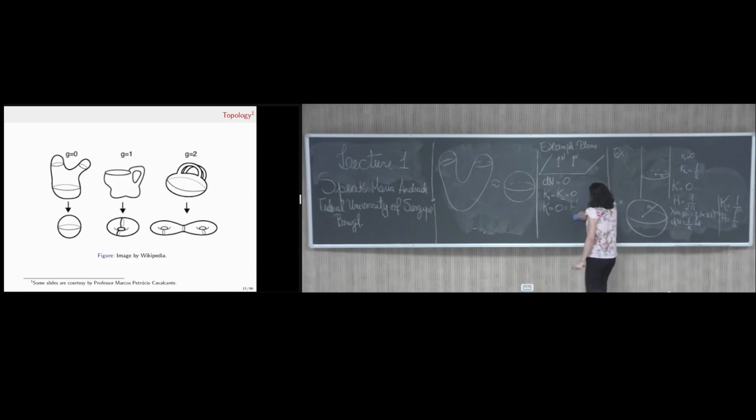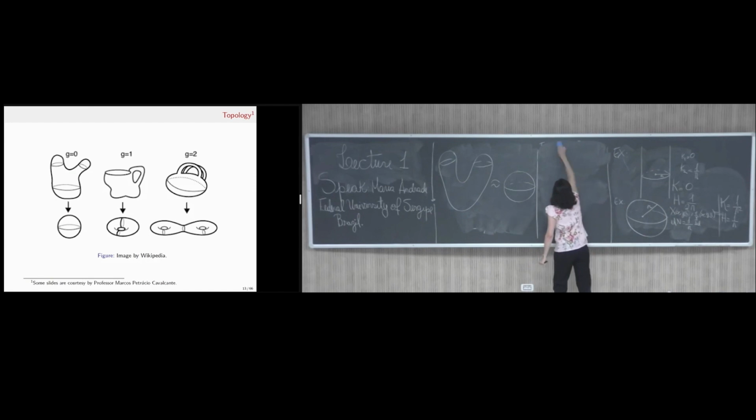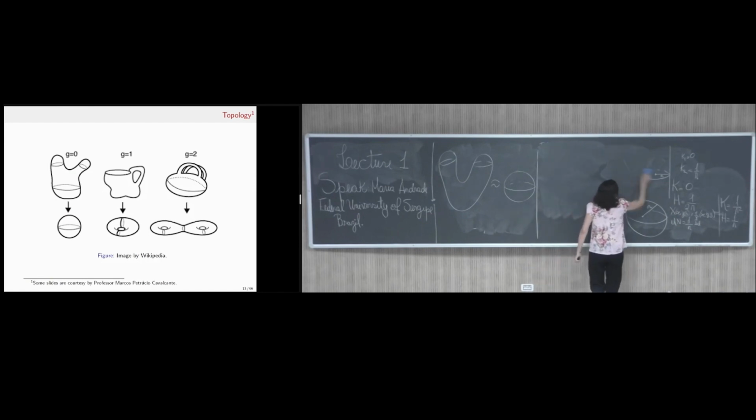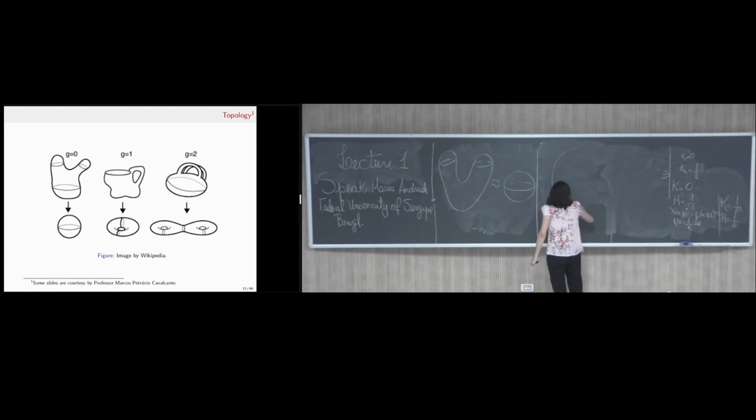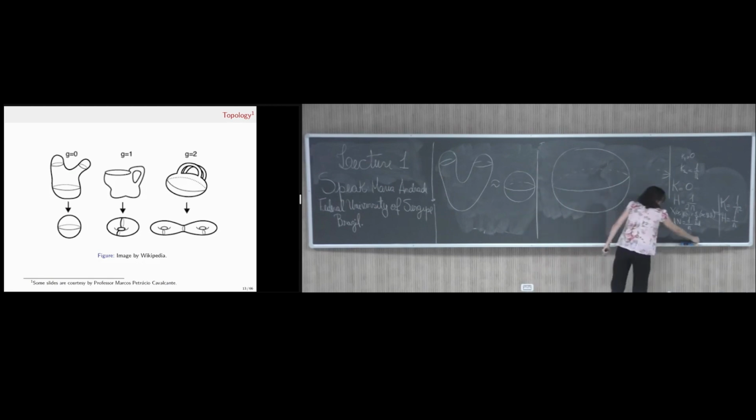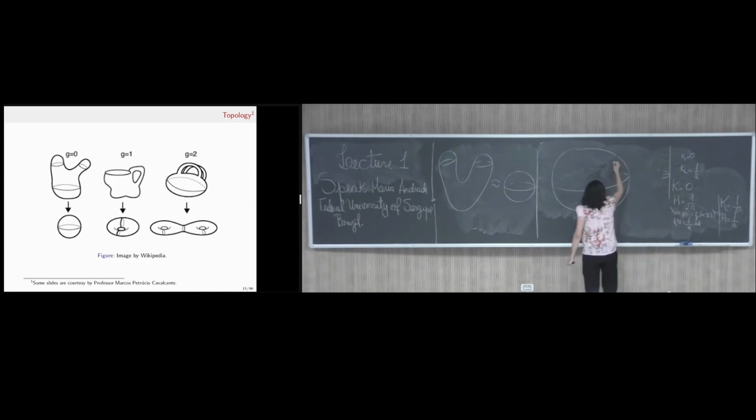I show, especially for the students, how to build this. One minute. For example, you have the sphere. We have here the sphere. And you remove 2 disks, okay?